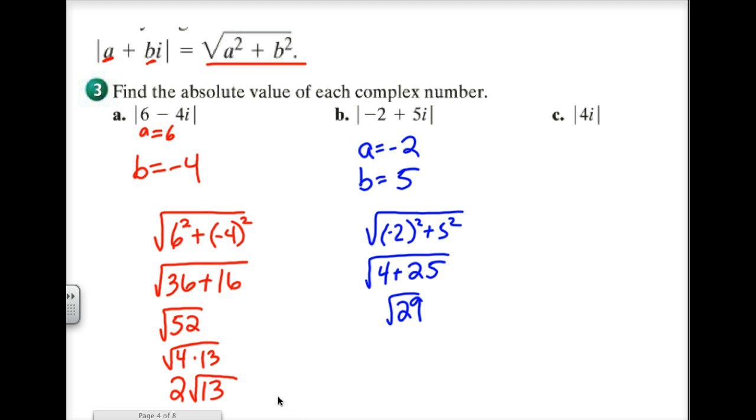That is the simplest version. In this case, A is 0. There is no real term. B, however, is 4. So when I take the absolute value of that, the square root of 0 squared plus 4 squared, this is the square root of 16, which is equal to 4.